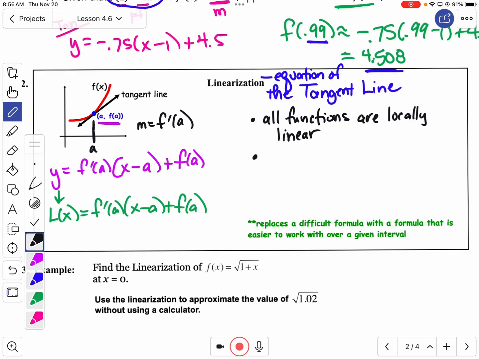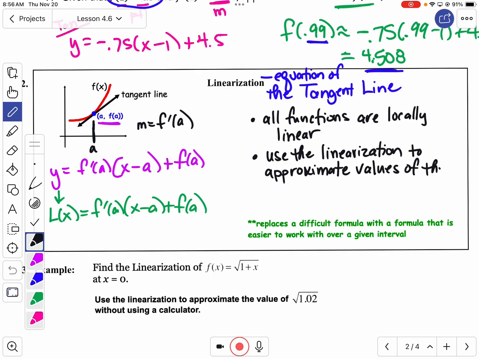And then we use the linearization, and it makes us sound really smart, to approximate values of the function that are close to the point of tangency.